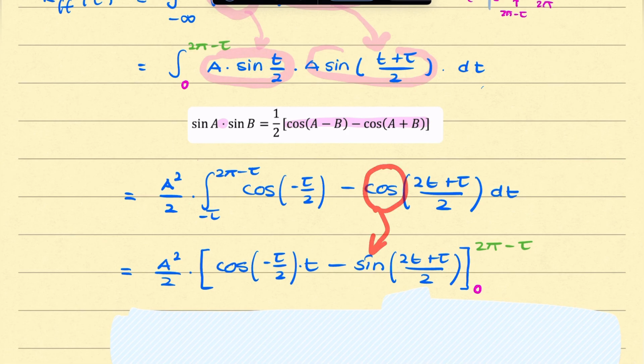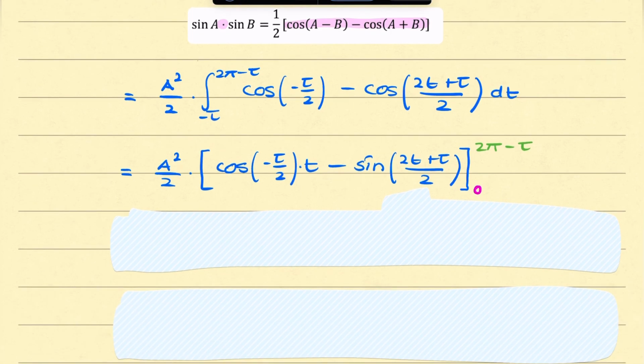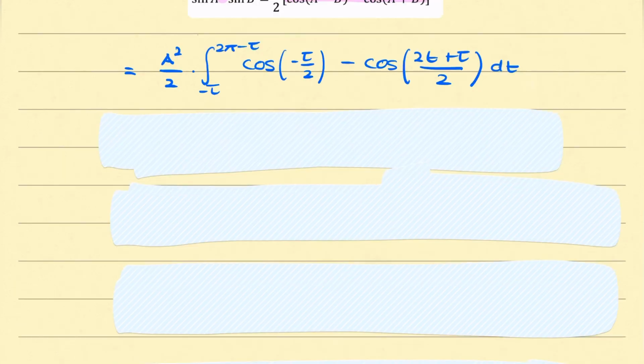So the integral of cosine is sine. The integral of this is simply whatever it is multiplied by t. And the derivative of this with respect to t is simply 1, so you'd simply divide by 1.